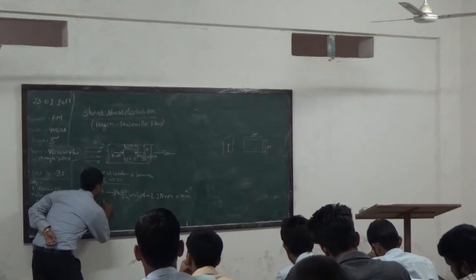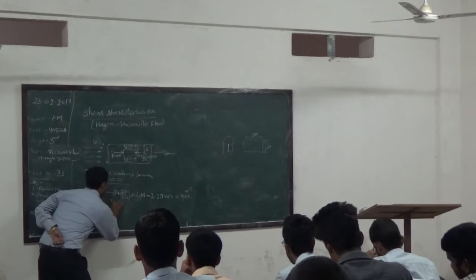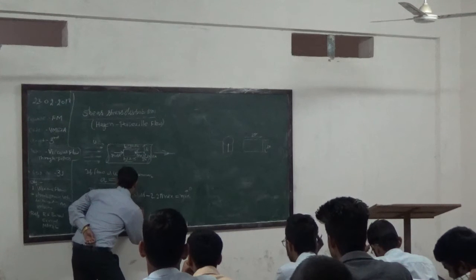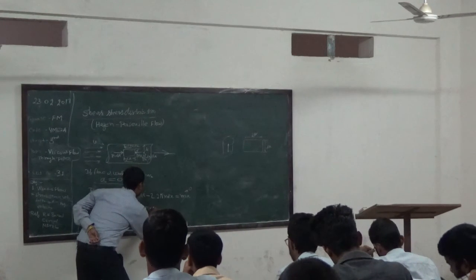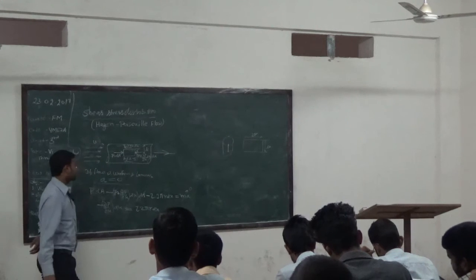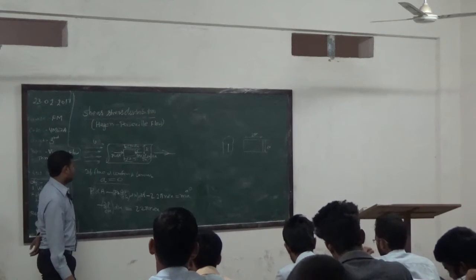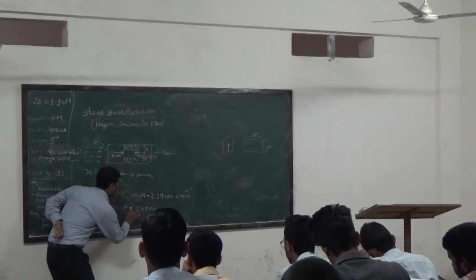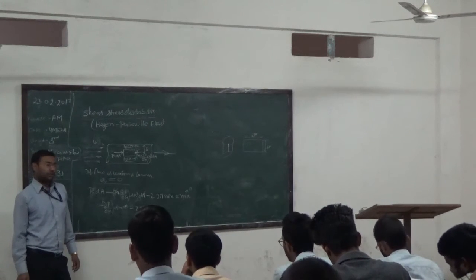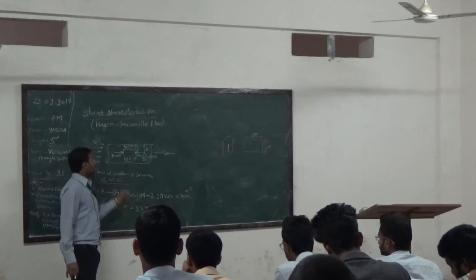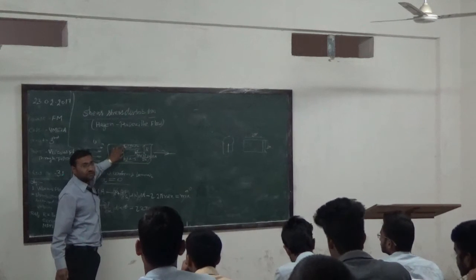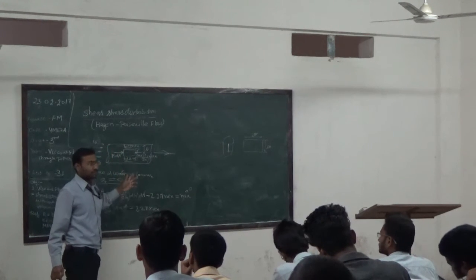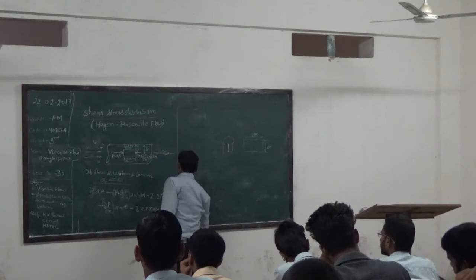The equation reduces to minus del P by del x into dx into dA is equal to tau into 2 pi r into dx. Now for this small circular cross-section, the area dA will be pi r square.